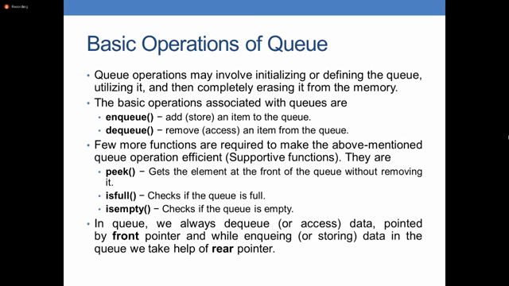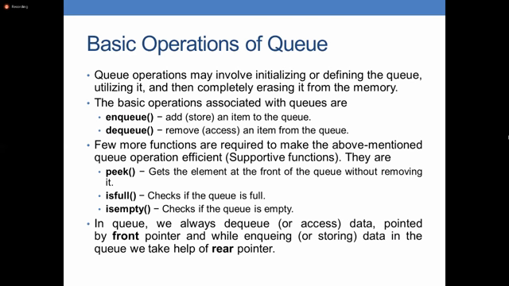Then we'll move on to the basic operations of the queue. The two most basic operations are Enqueue and Dequeue. In addition to Enqueue and Dequeue, a few more functions are required to support the above mentioned queue operations.